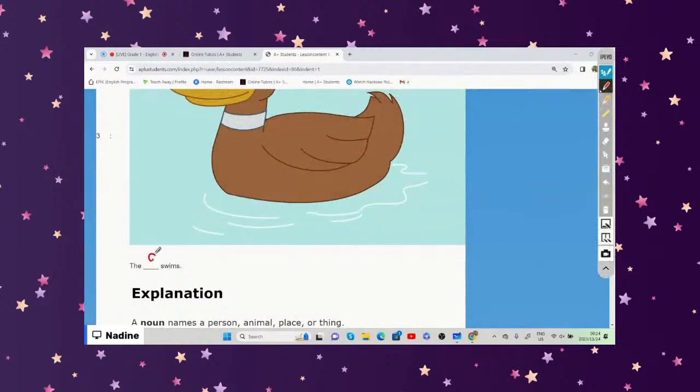Yes, because we see a duck in the picture.